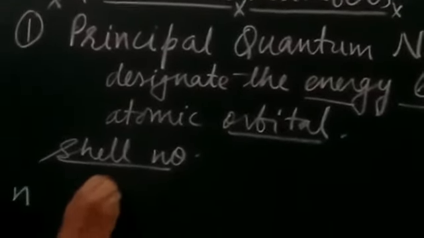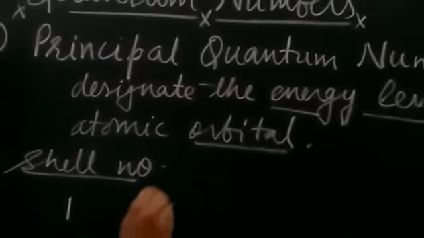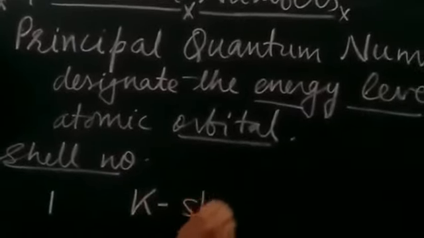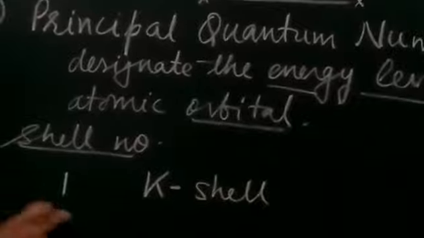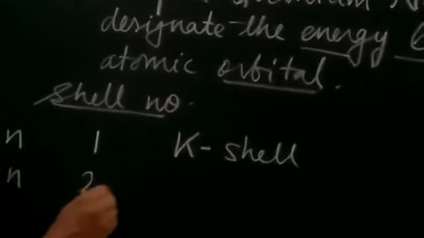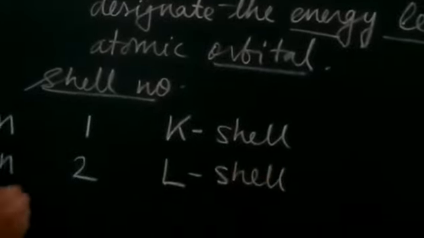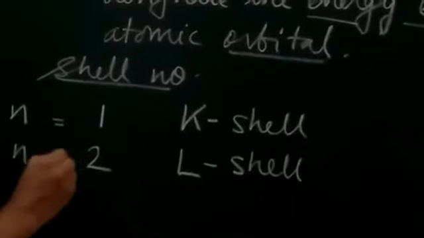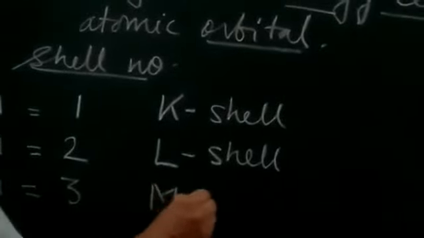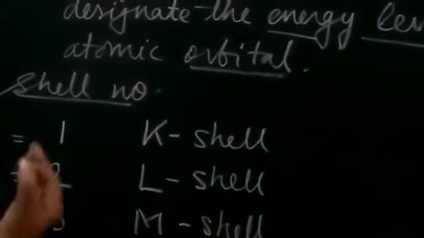So this is the n value. If n equals 1, it will denote the K shell. In the same way, if it is 2, it will be the L shell. If n equals 3, it will be the M shell, and it will go on in the same way.